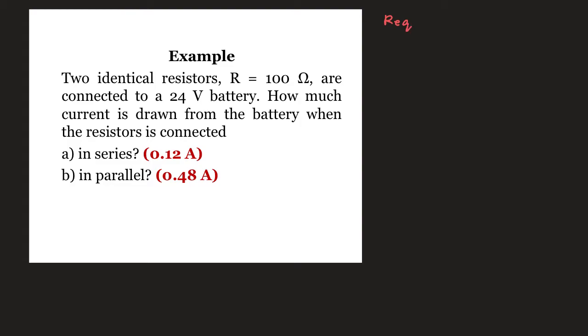If you arrange the resistors in series, you are going to use the equation R equivalent equals R1 plus R2, which means it's going to be 200 ohms, 100 plus 100. And then you are going to use the concept of V equals IR to find the current flow, where the voltage is 24 and the equivalent resistance is 200. Therefore, your answer is 0.12 ampere.